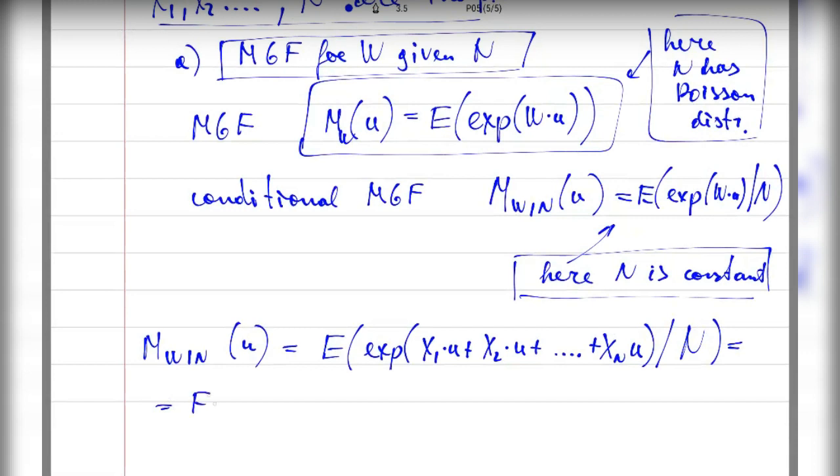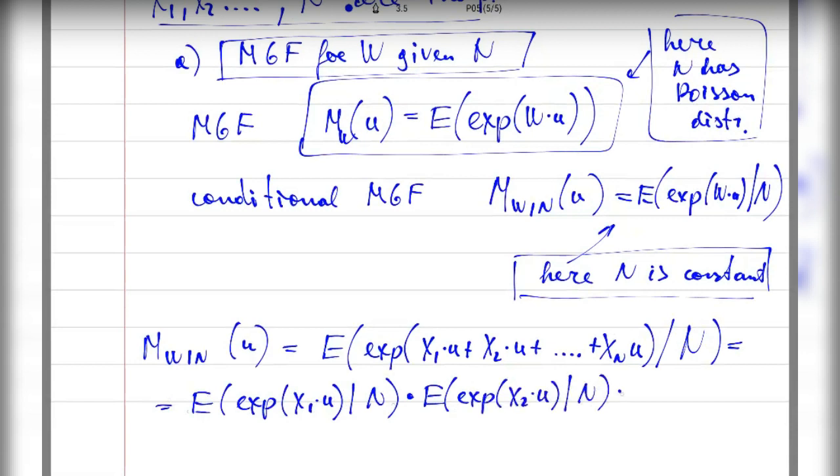So we can say that it's the expected value of exponent of x1 times u given n, multiplied by the expected value of exponent of x2 times u given n, and so on, up to the expected value of exponent of xn times u given n.